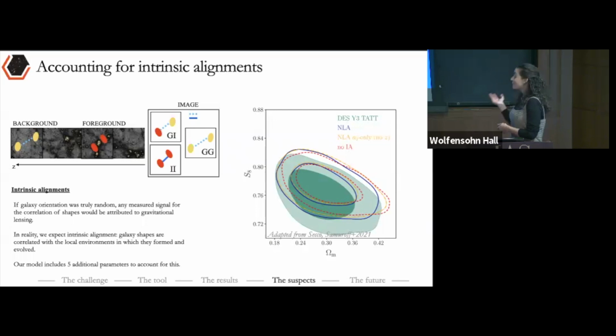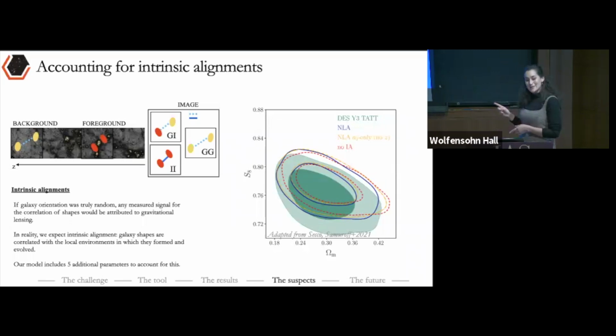Now, in the end, when we unblinded our results, I'm showing the fiducial result in green here, and different variations in the IA model, simpler IA models, in the other contours. Once we unblinded, we could look at how this choice impacted our results. And to my surprise, we could see that the NLA model, either the two-parameter NLA model in blue or the one-parameter, even more aggressive, in yellow, gives consistent results within 0.5 sigma with a much tighter error bar.